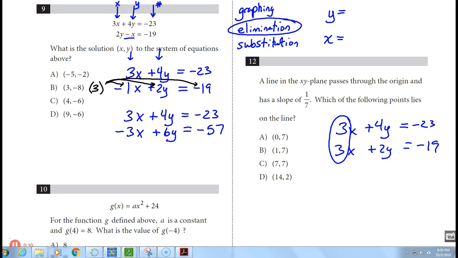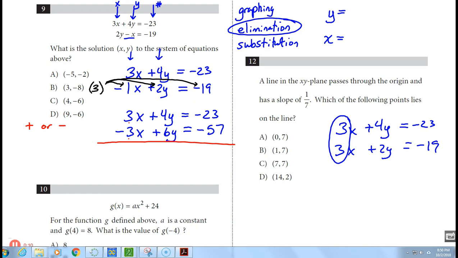So now I like to look at this as having a match. And I don't really care who's positive or who's negative. They could both be positive, both be negative. But I need to now eliminate the letter that I've matched. So now I have to make a choice. Do I want to add these two rows, or do I want to subtract these two rows?